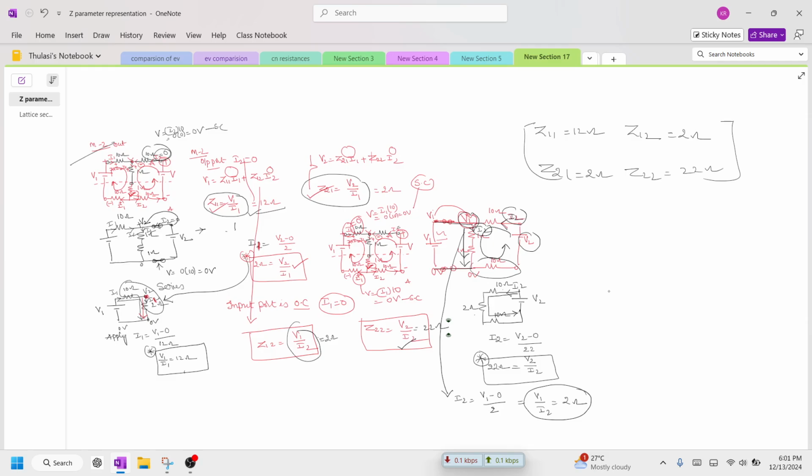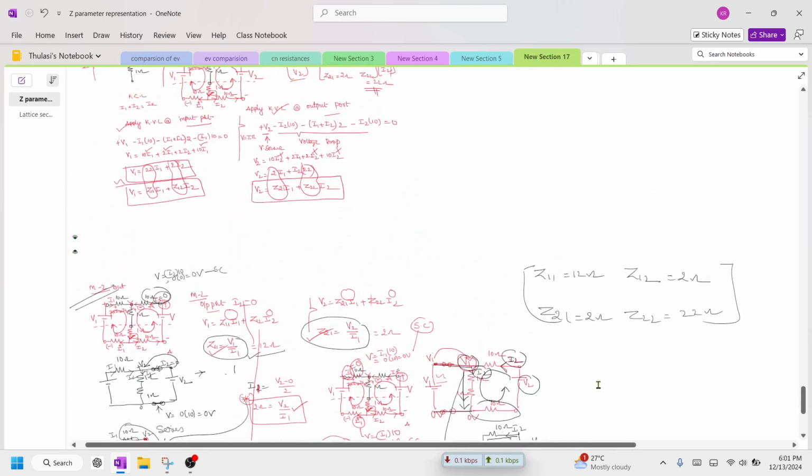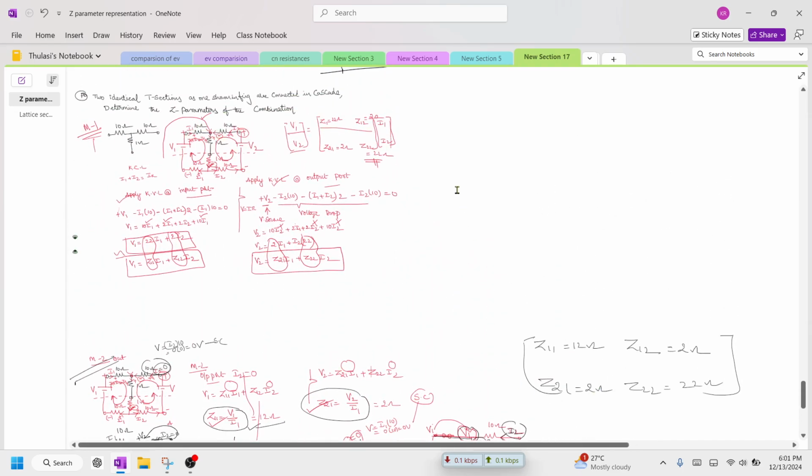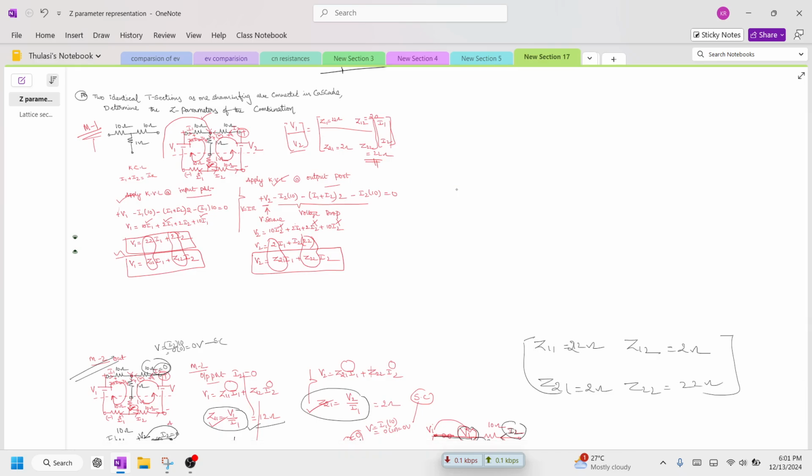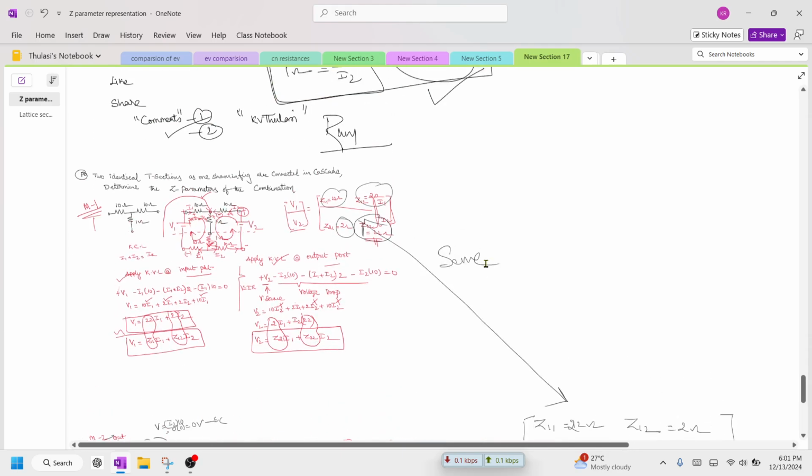Now compare this. This is what we solved by method 2. Now let's try to compare with method 1. So you can see this method 1 also is the same. Okay, this is not 12, this is 22. So when you compare both, the answers are the same: 22 ohms, 2 ohms, 2 ohms and 22 ohms. So you can use either of the methods to solve the problems.